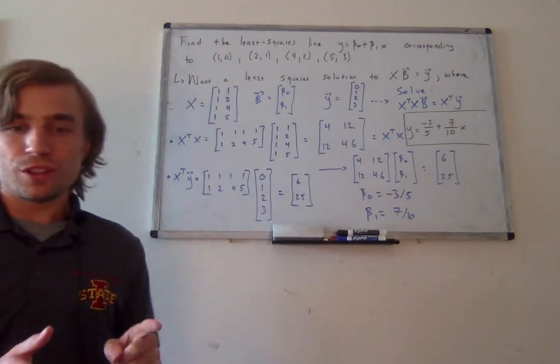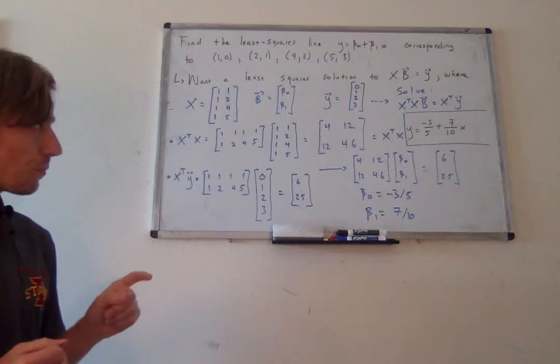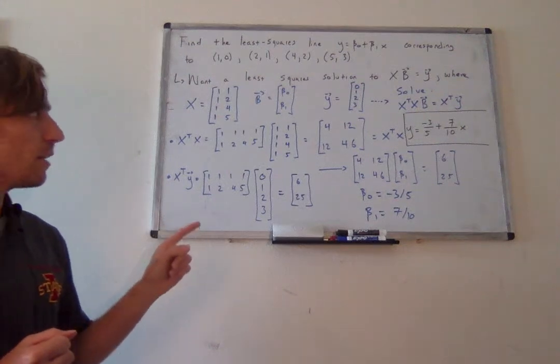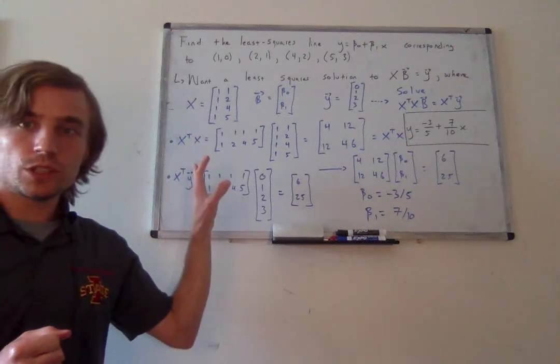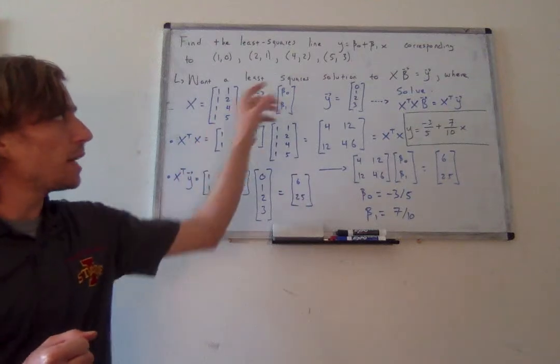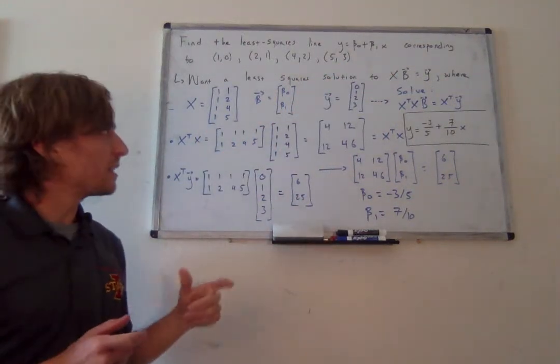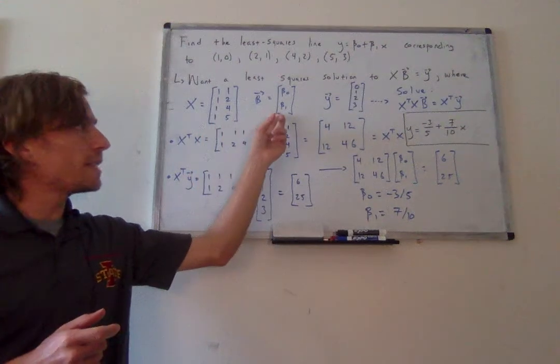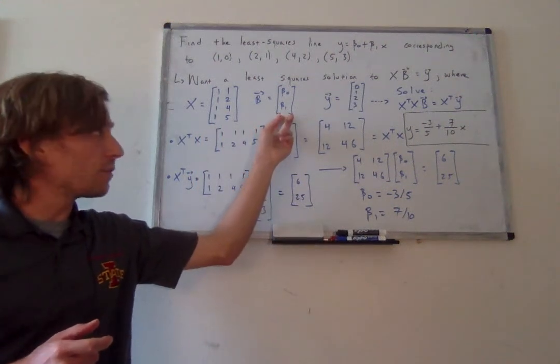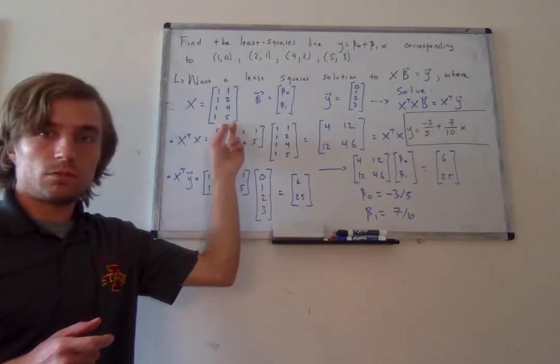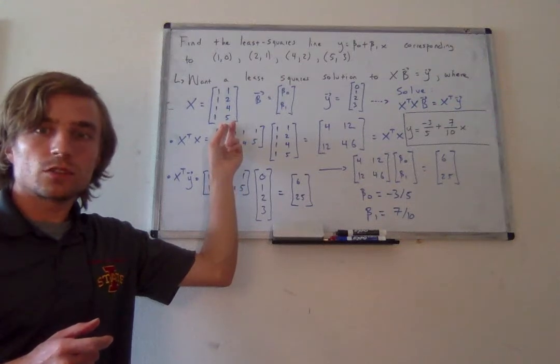But it gets even cooler than that, because notice here, solving this matrix equation really didn't depend on the form this function took on. And what I mean by that is that I can always add constants to this vector and add columns to X, right?